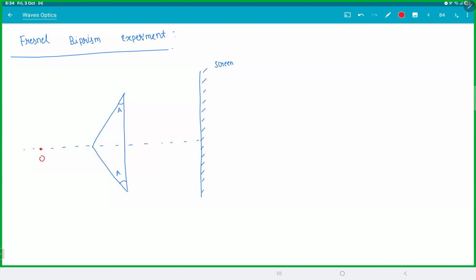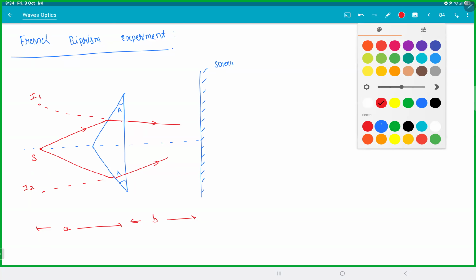The light rays which hit this part will be deflected in a prism, so this will act like one image I1. The light rays hitting the lower part of the prism will bend like this and act like another source I2. This distance is a and this distance is b. So basically this I1 and I2 will act like two coherent sources, and from there we get our YDSE experiment.